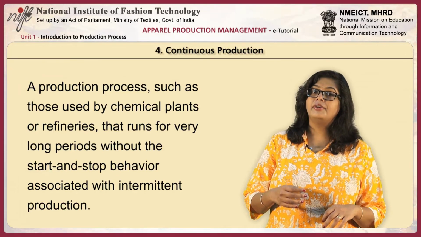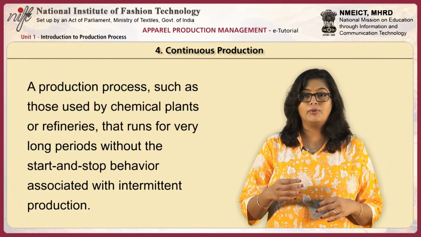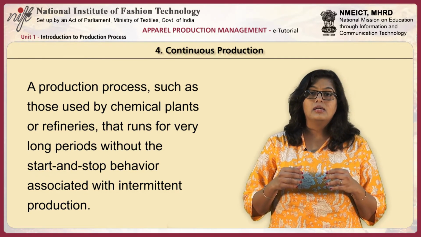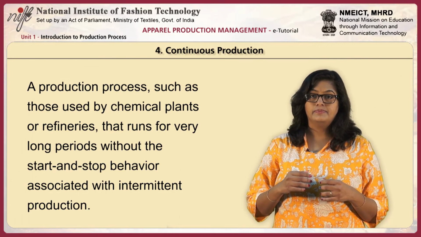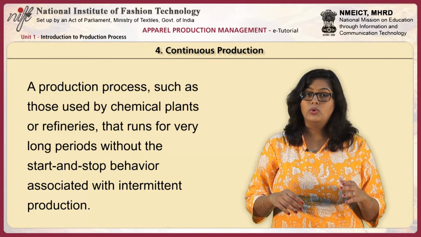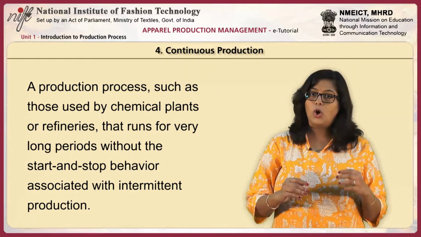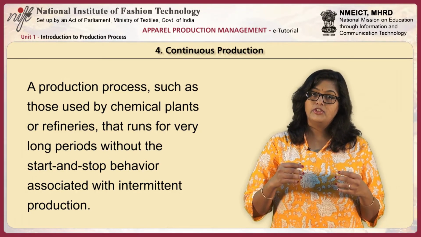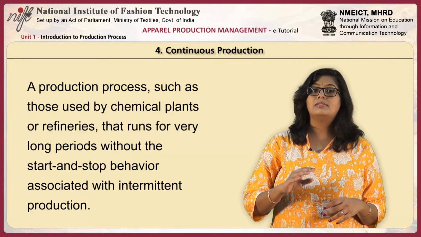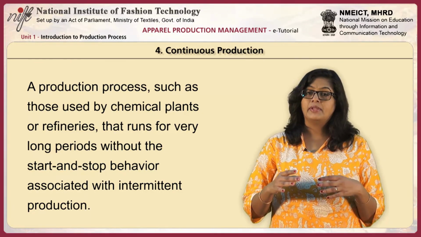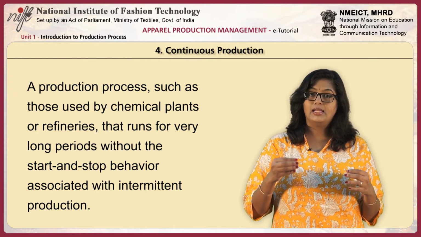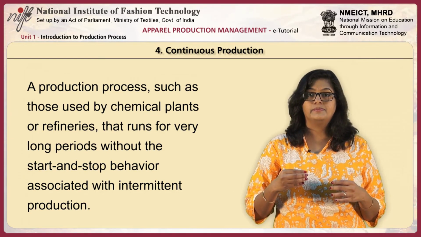Let us also have a look at continuous production processes. A production process such as those used by chemical plants or refineries that runs for very long periods without the start and stop behavior associated with intermittent production is basically continuous production processes.